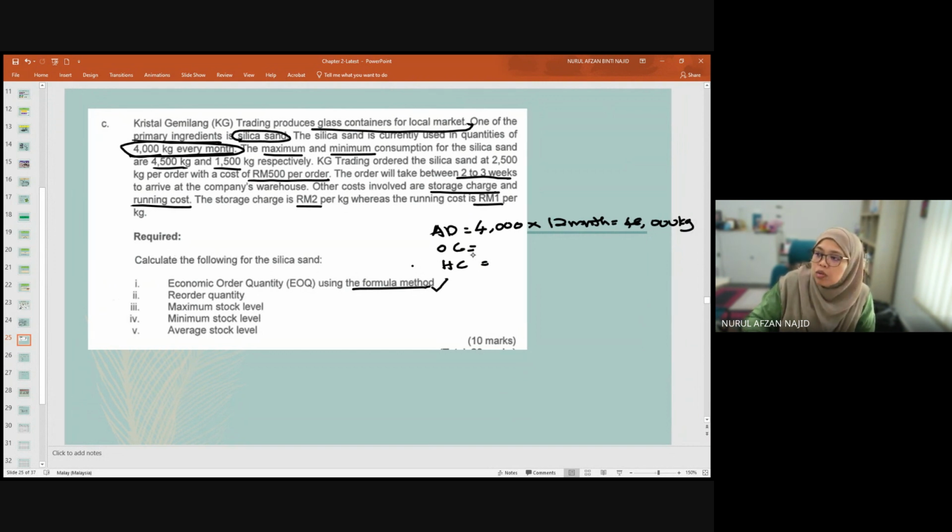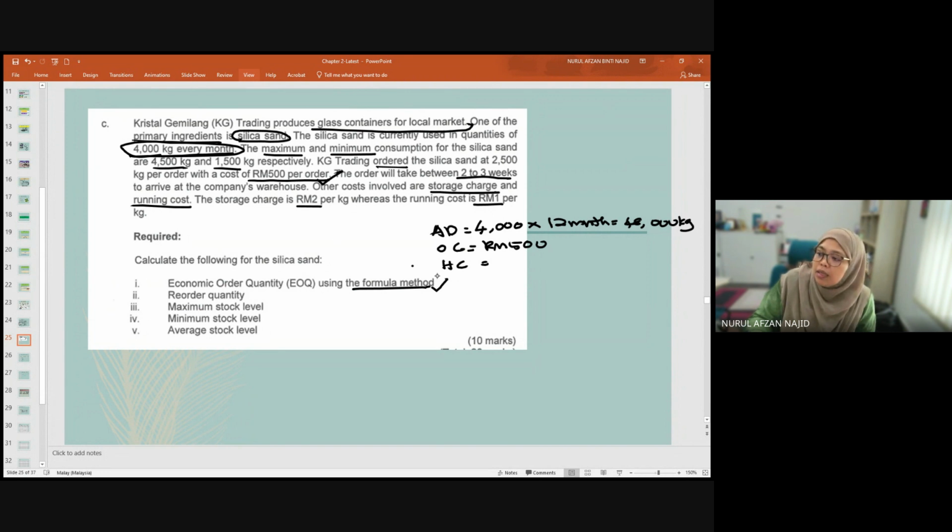Then you have OC. Which one the OC? Sebab dia bagi tahu KG order. Kadang-kadang dia ada keywords. Keywords of the ordering cost ni, yang paling madam perasan adalah dia akan bagi tahu per order. Bila per order maksudnya itu ordering cost. So per order memang kita nak dapatkan per order RM500. Ada tak per order yang lain? Tak ada. Ni per kg.